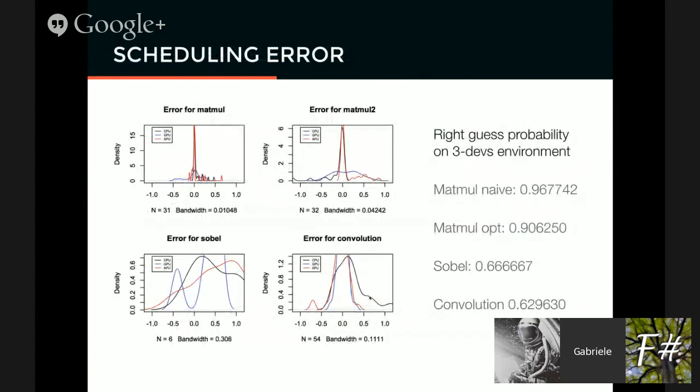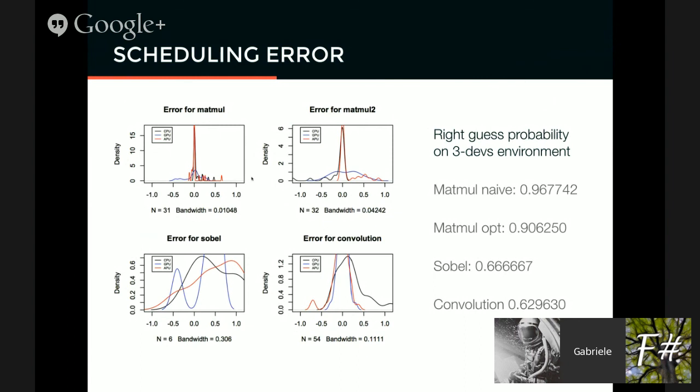Okay, so we have some early results on the efficiency and the reliability of scheduling on particular devices. For example, here we see that matrix multiplication, then another version of matrix multiplication, then convolution, another algorithm, can be scheduled on the right device really often.